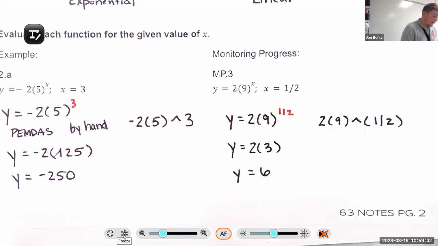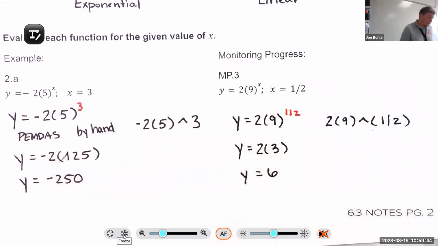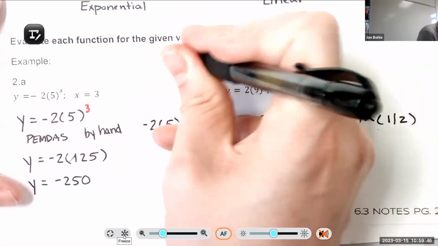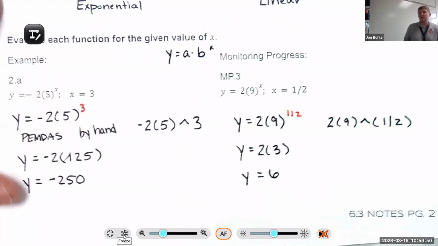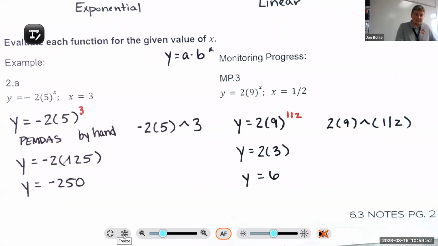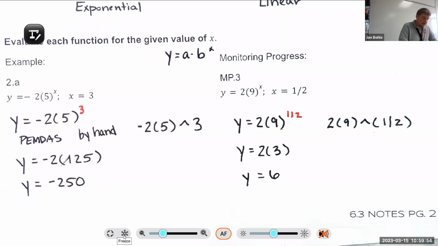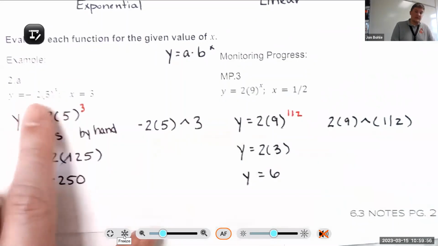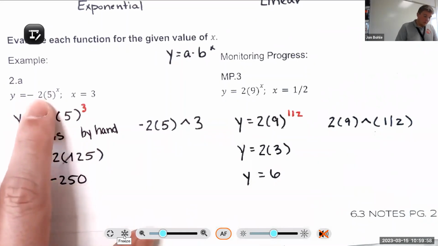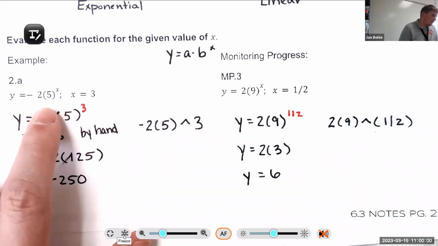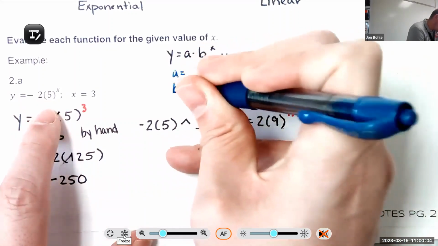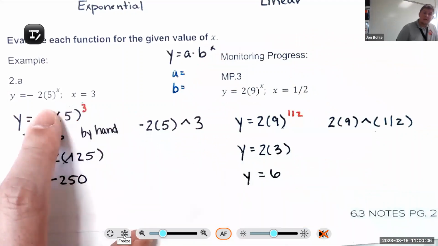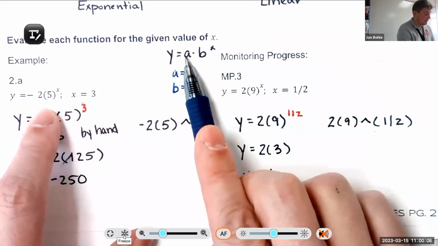But before we begin that, what I want to talk about is these functions are in the form y is equal to a times b to the x power generally. There's a little bit more that we're going to add to that. So when I look at this function, what do we think the a value is and what the b value is? What number's in the a position?